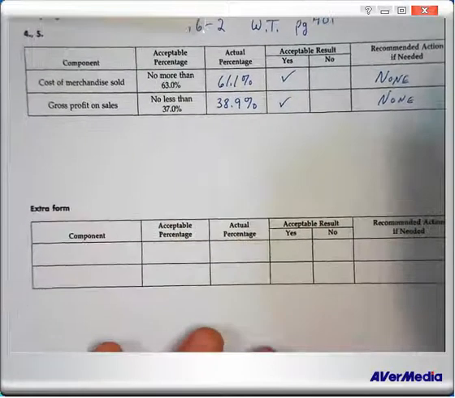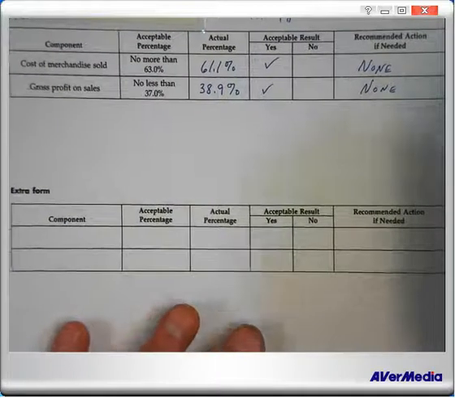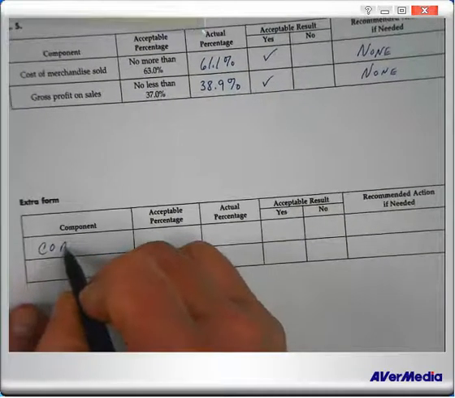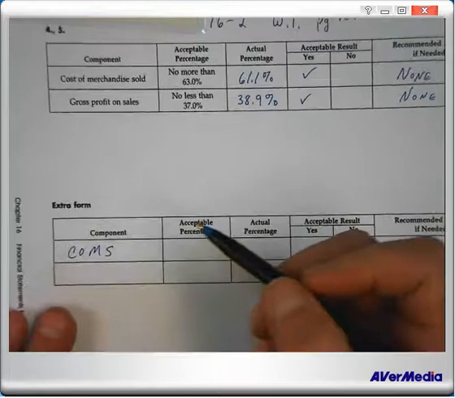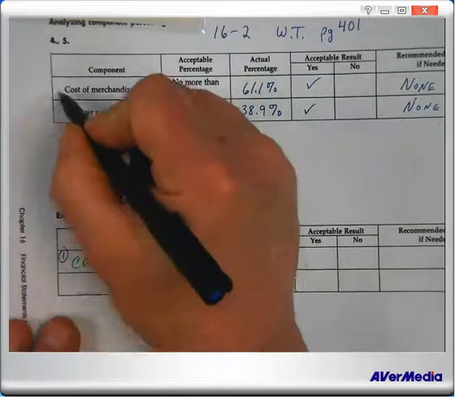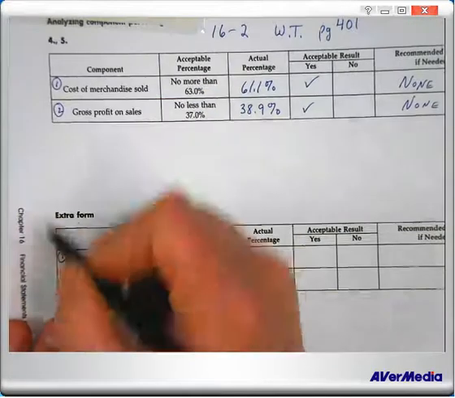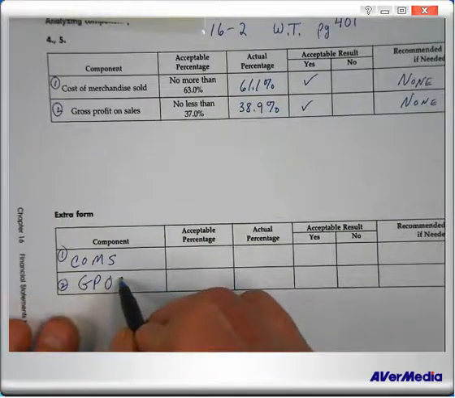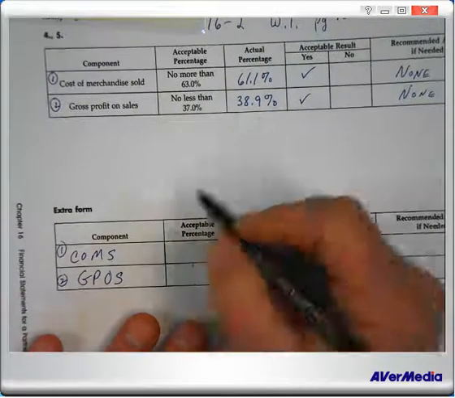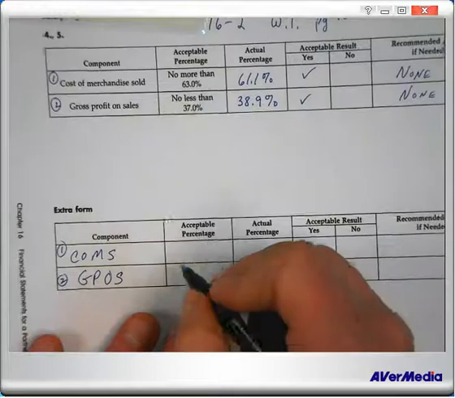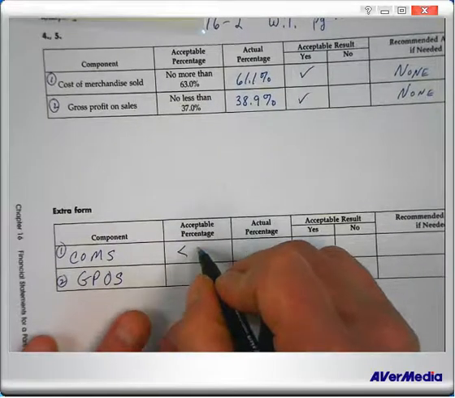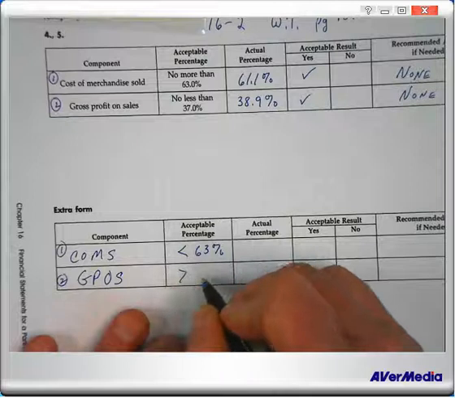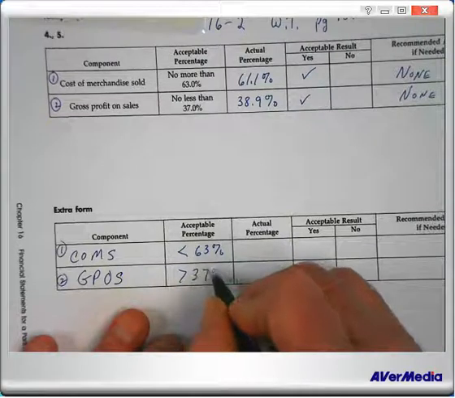Now let's just say, for example, that our component percentages for cost of merchandise sold and gross profit on sales are the same, less than 63% and greater than 37%.